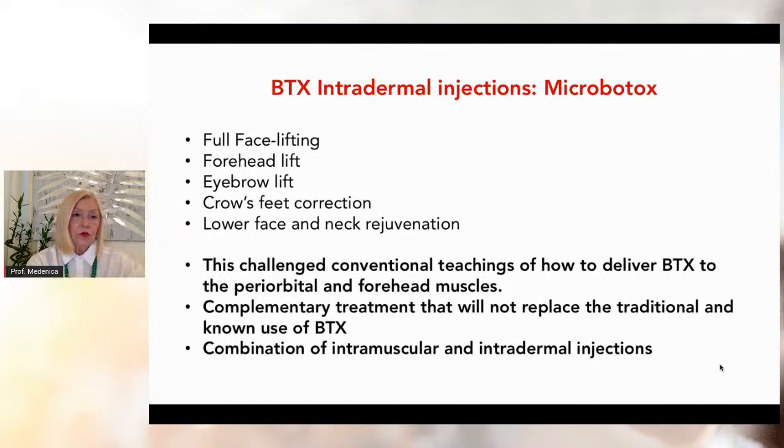It can be used for full face lifting, forehead lift, eyebrow lift, crow's feet correction, and even lower face and neck rejuvenation. Actually, the introduction of this method in facial rejuvenation challenges conventional techniques of how to deliver Botox to the periorbital and forehead muscles.